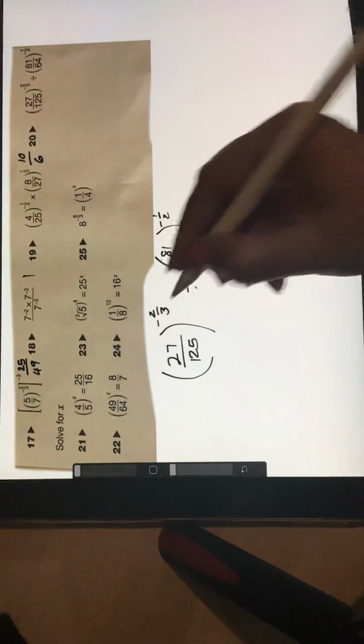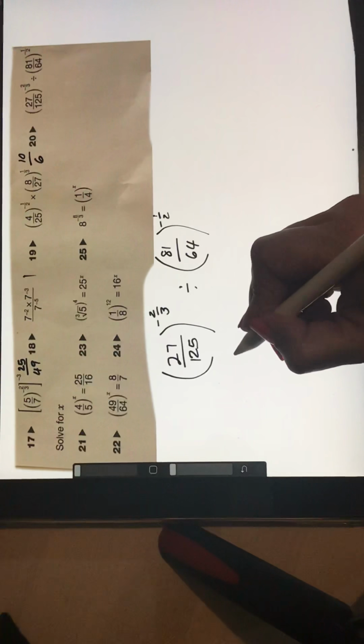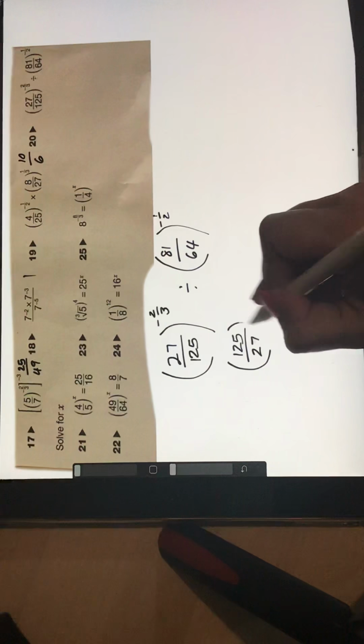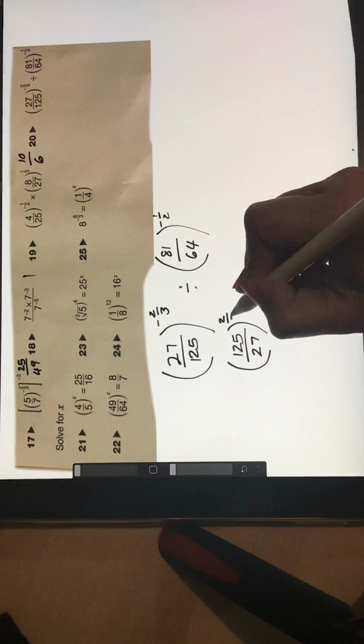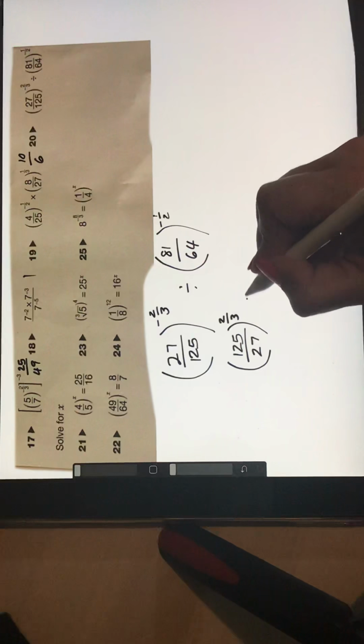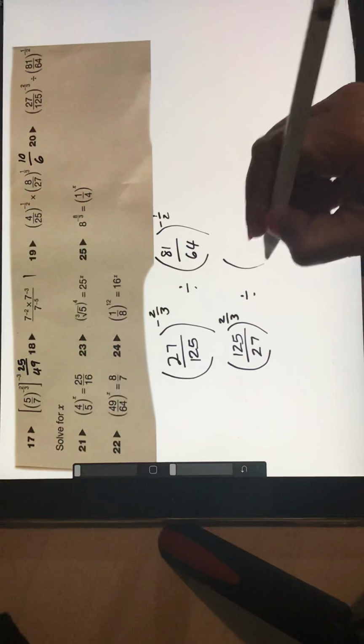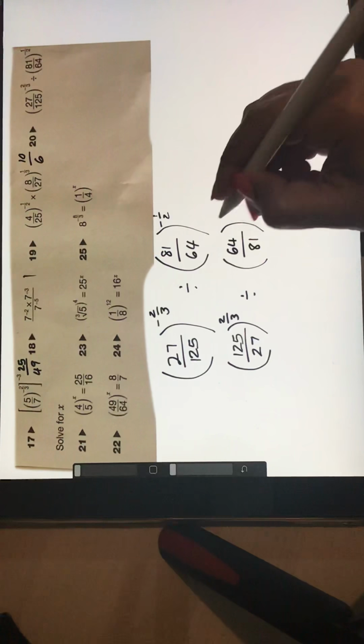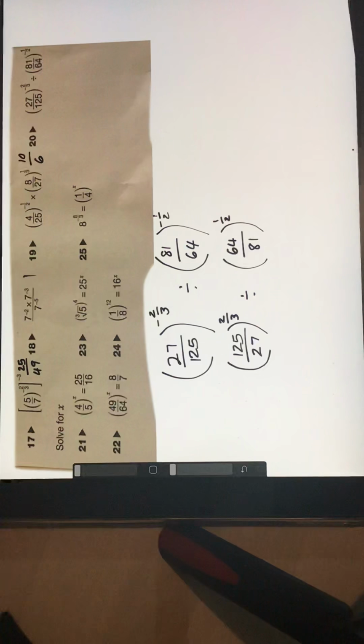To make this a positive one, I'm going to simply flip it. So 125 over 27 gives us 2 over 3. And divided by the same here, I'm going to flip it. 64 over 81 gives me that.